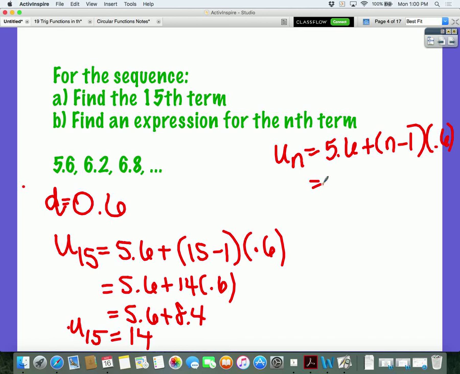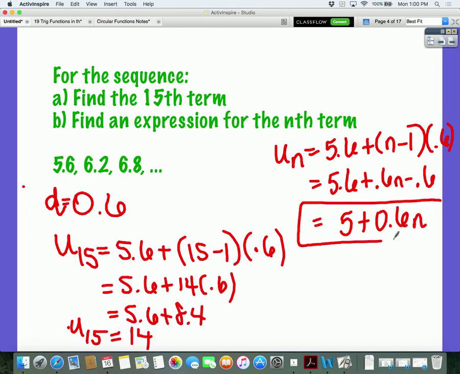We have to distribute. So we have 5.6 plus 0.6n minus 0.6. Can't leave it like that. Plus what? 0.6n. And this would be your expression to find any term in the sequence.